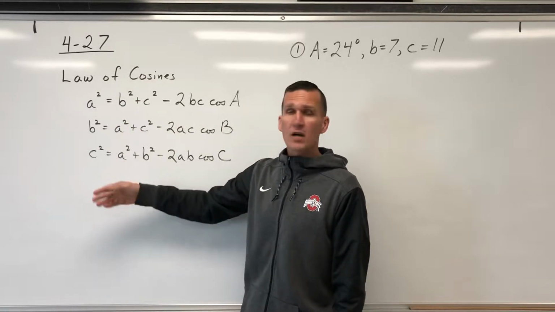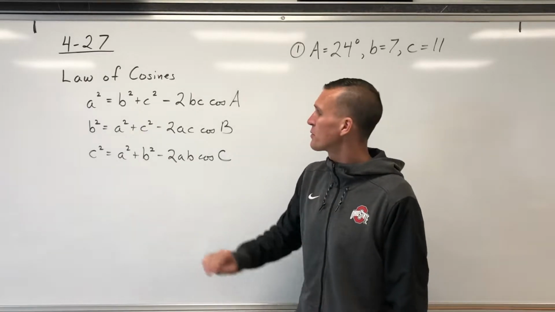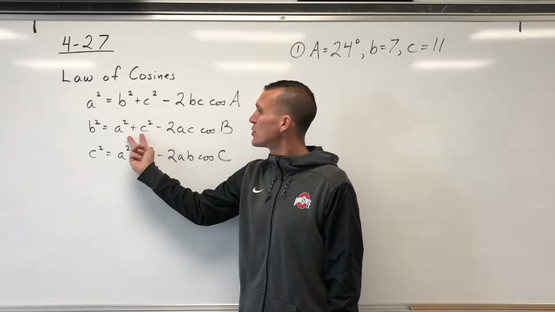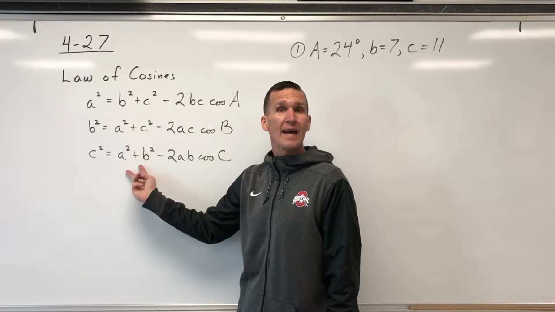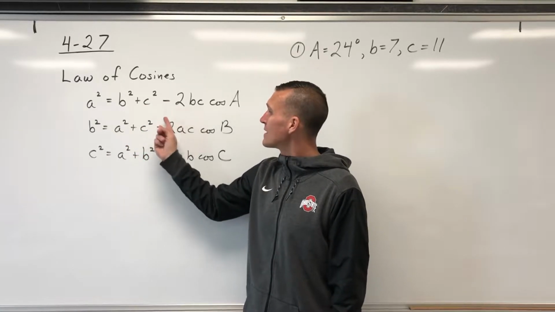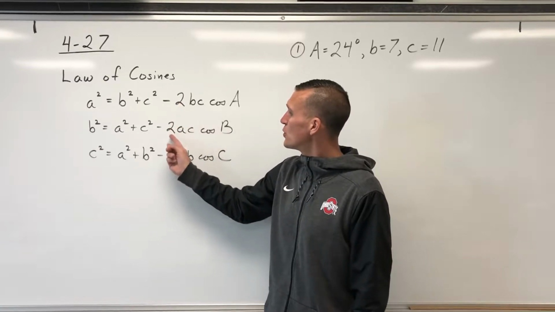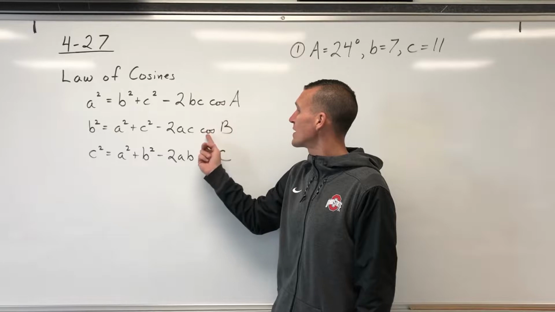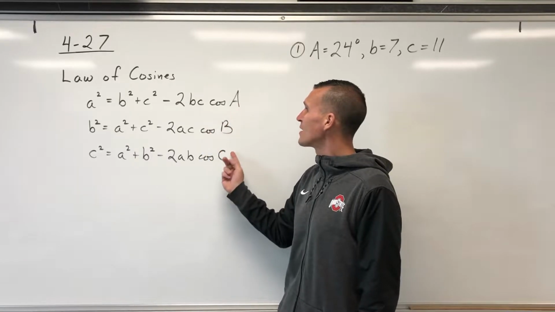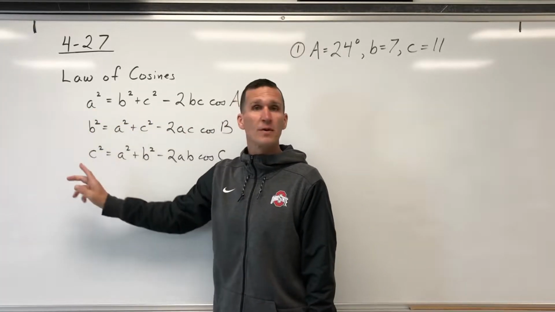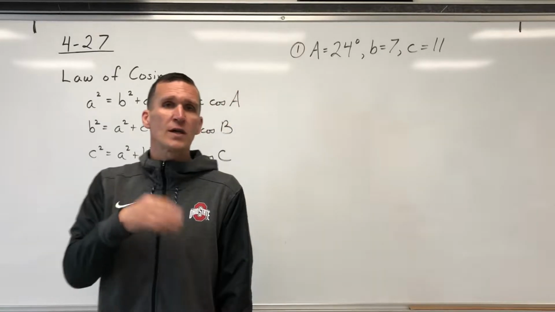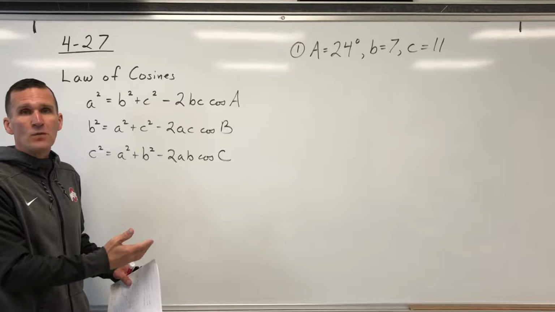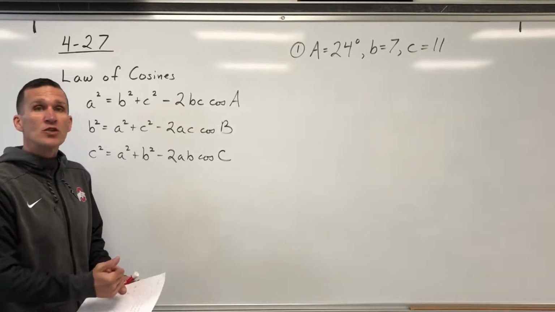You can pause and write down all three, but really it's a side squared equals the other two sides squared added together, minus 2 times the other two sides times the cosine of the angle across from the first side. There are three different formulas, but they're all basically the same thing. It just depends on the given information that you have.